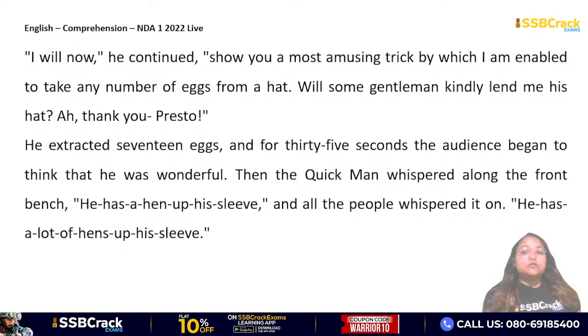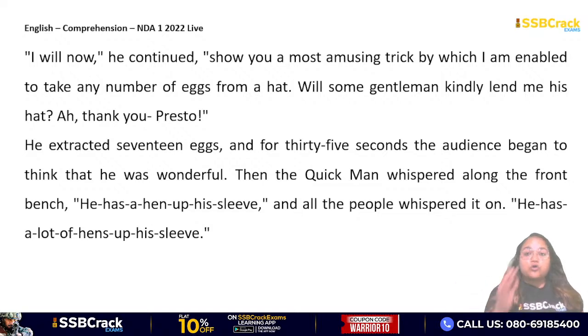"I will now," he continued, "show you a most amusing trick by which I am enabled to take any number of eggs from a hat. Will some gentleman kindly lend me his hat? Ah, thank you. Presto!" He extracted 17 eggs, and for 35 seconds the audience began to think that he was wonderful. Then the quick man whispered along the front bench, "He has a hen up his sleeve," and all the people whispered it on.